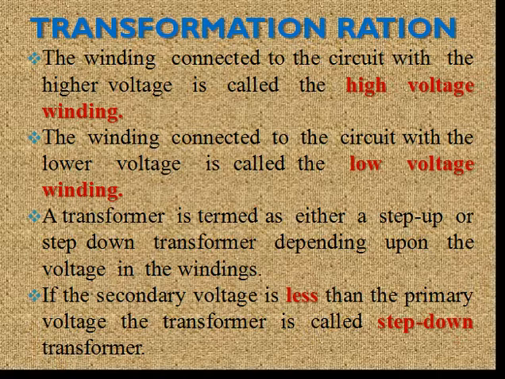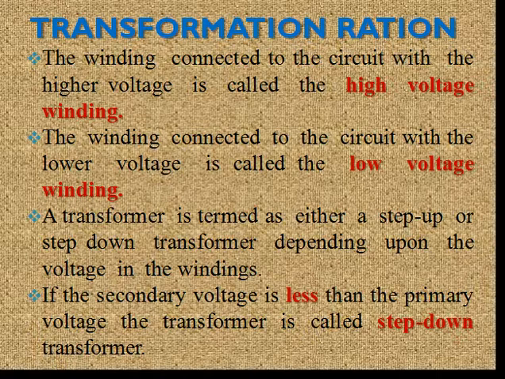The winding which is connected to the circuit with lower voltage is called the low voltage winding. So a transformer has a high voltage winding and a low voltage winding. The voltage which is higher than the other is said to be high voltage, whether primary side or secondary side.